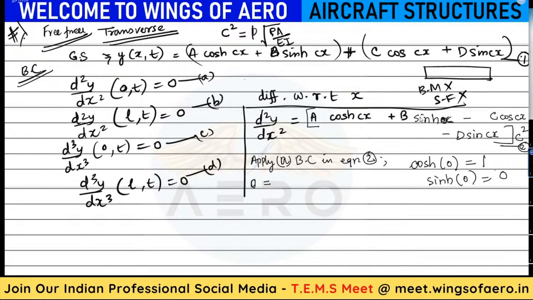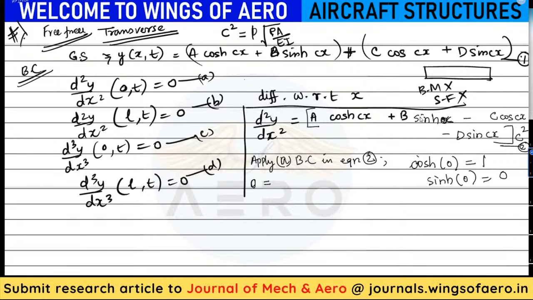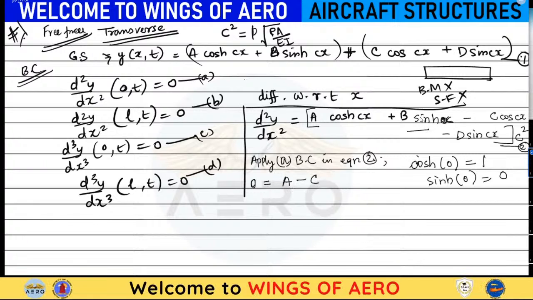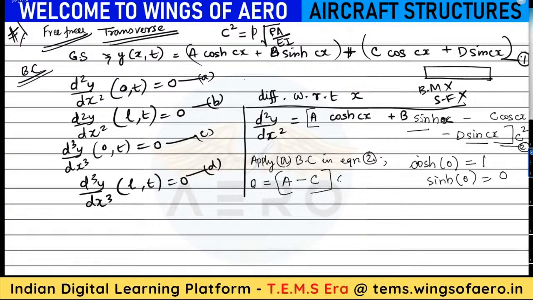Okay. Now apply this condition over here. So I can say it is only a. This will become 0. This will become minus c. This will become 0 into c square.